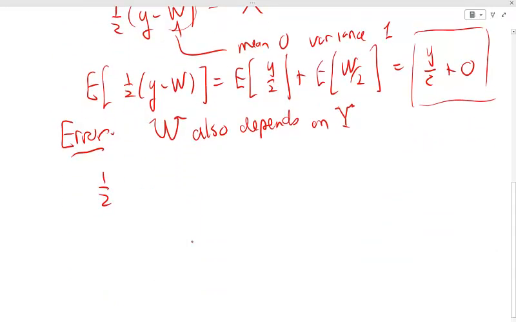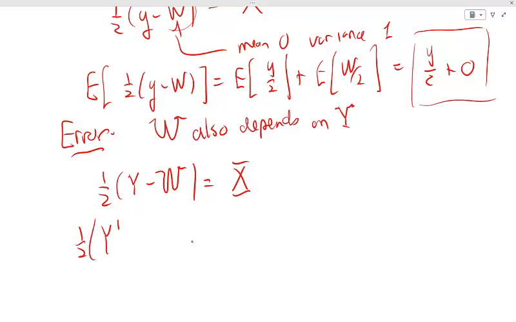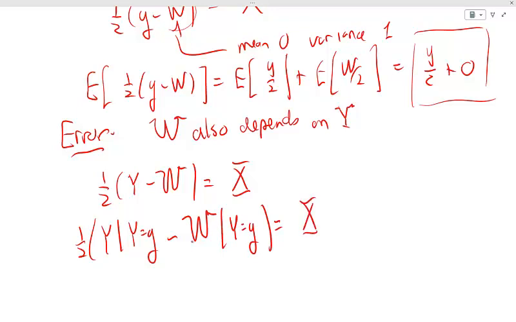I can do 1/2 y minus w is equal to x, but then I have to condition on y on both sides. So I'd have 1/2 times y, conditioning on y equals y, minus w given y equals y, is equal to x given y equals y.